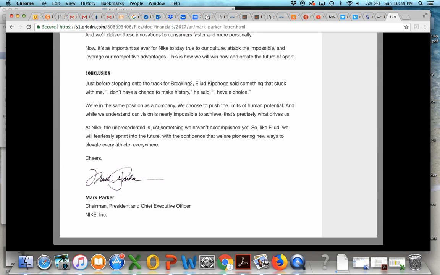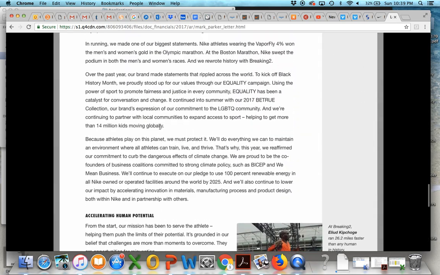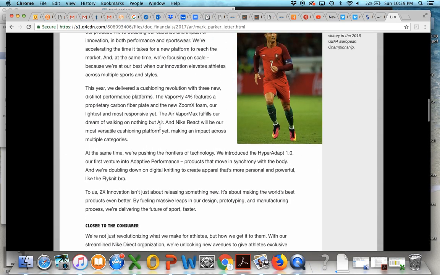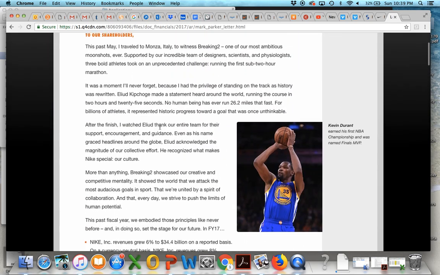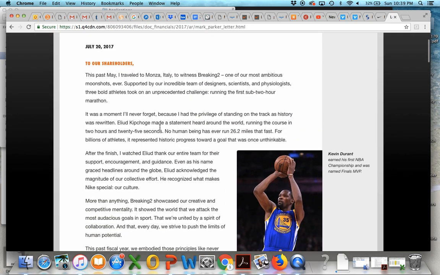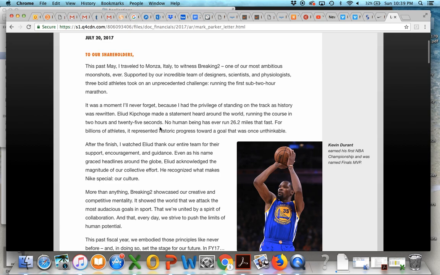This one is probably like 4 pages. It comes from the chief executive officer, so you're getting some of the personality of who's driving the bus at this company. And they'll talk about some of their achievements over the course of the year.